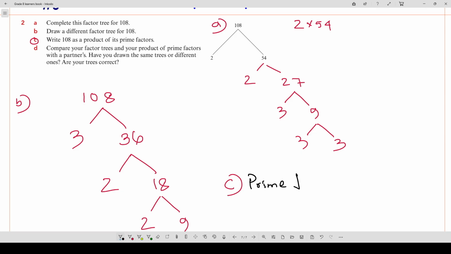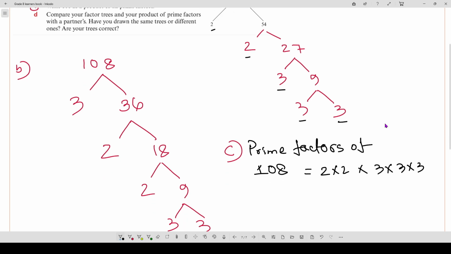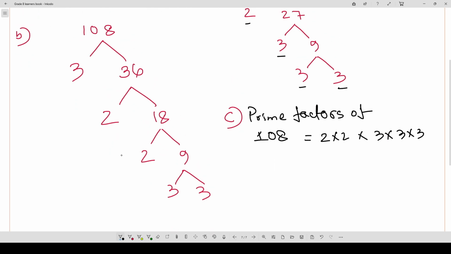Prime factors of 108 will be, look, if we consider this one, 1, 2, 2 times 2, then 1, 2, 3, three threes, so it will become 108. And if you check differently, like this one, 1, 2, here is two twos, and 1, 2, 3, this one is also the same.